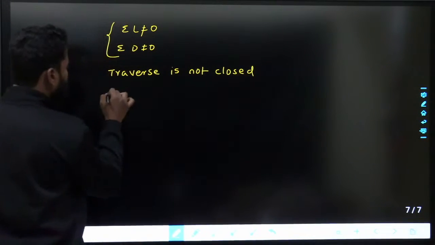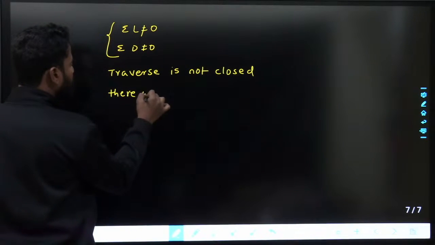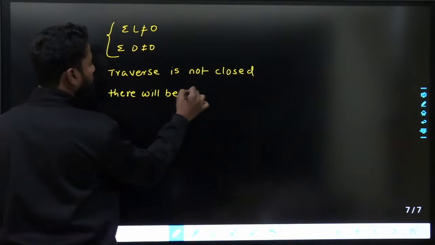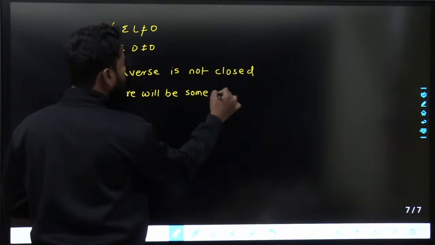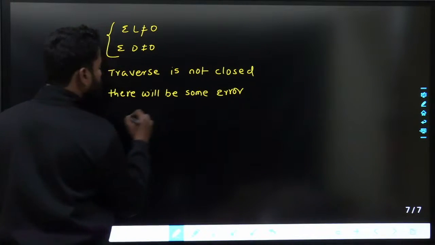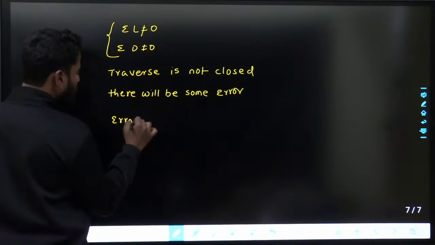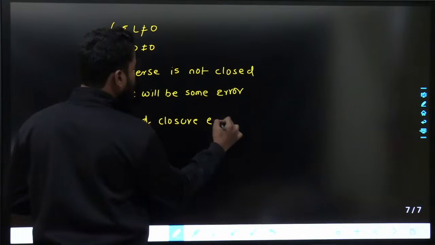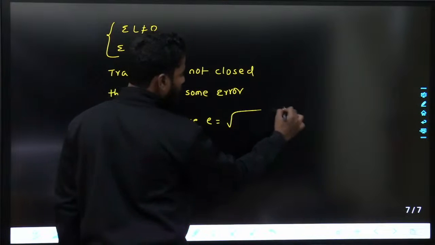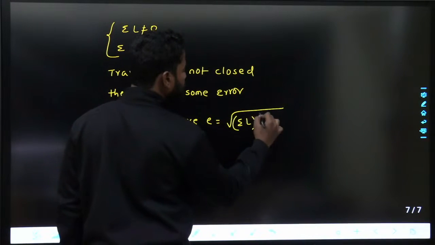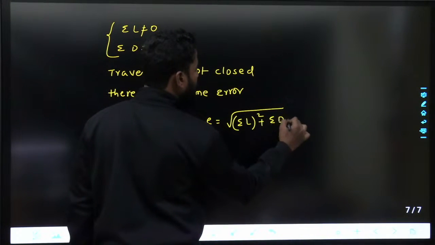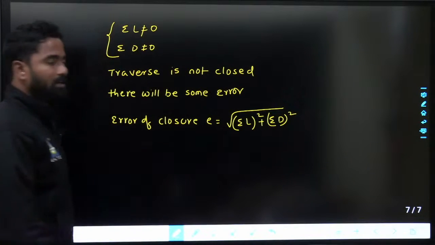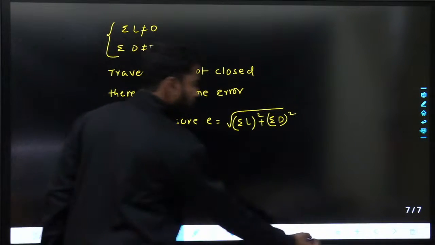There will be some error, which is also called the error of closure. E equals the square root of sigma L whole square plus sigma D whole square.